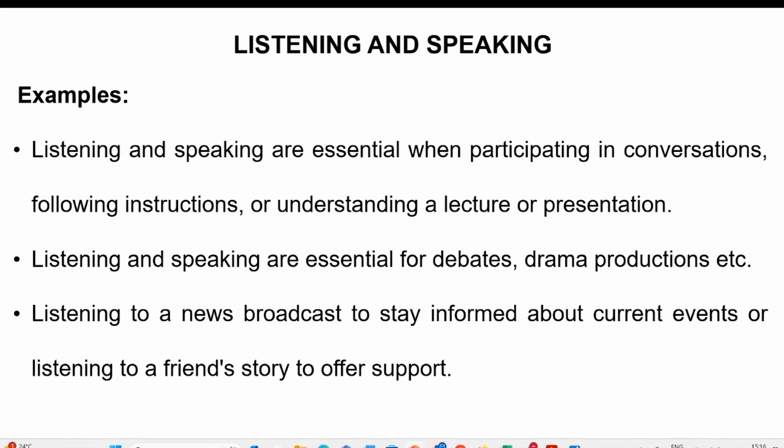Listening to a news broadcast to stay informed about current events, or listening to a friend's story to offer support. These are just some examples that I came up with, but please, in your assignment, feel free to give your own. There are many, many other examples. We could spend a week just discussing various examples. So this is just a guide to assist you.